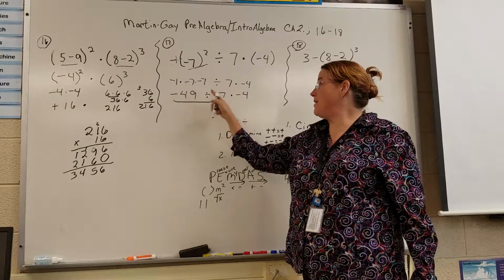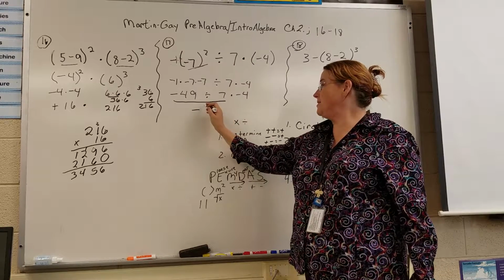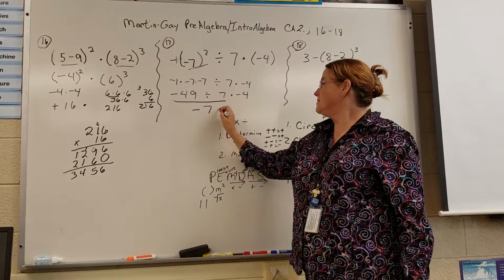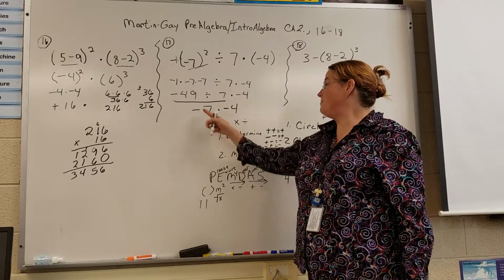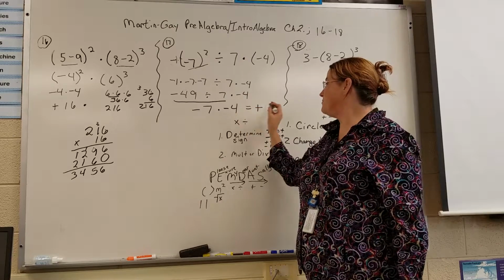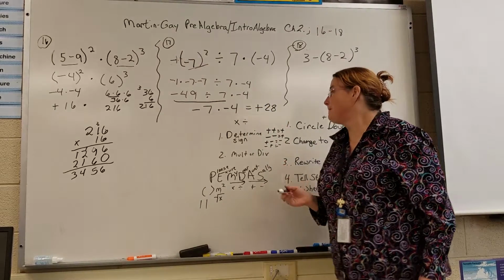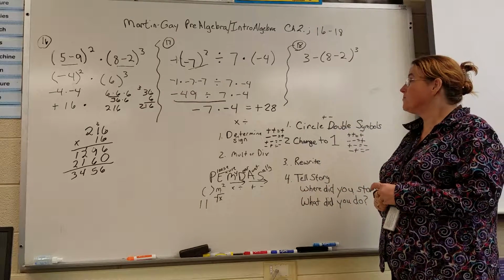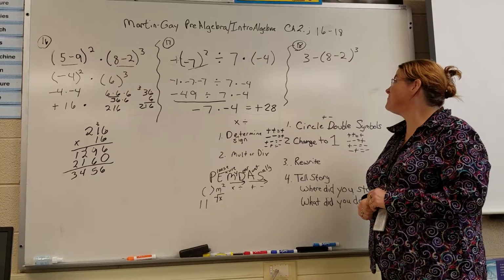A negative divided by a positive is a negative. 49 divided by 7 is 7, times -4. Now you have a minus times a minus, which is equal to a positive, and 7 times 4 is 28. And that is the answer that's in the book. So that's an example of when you actually divide before you multiply.